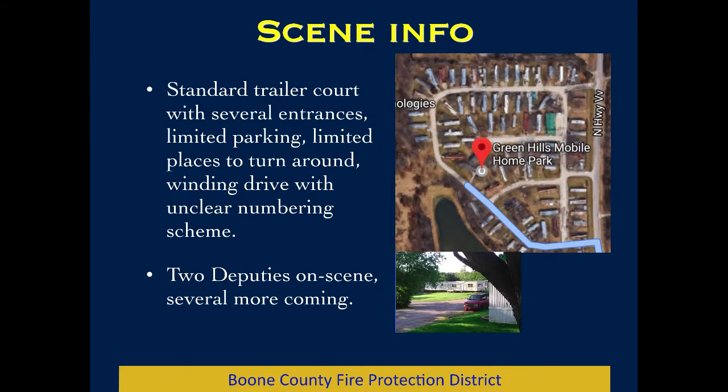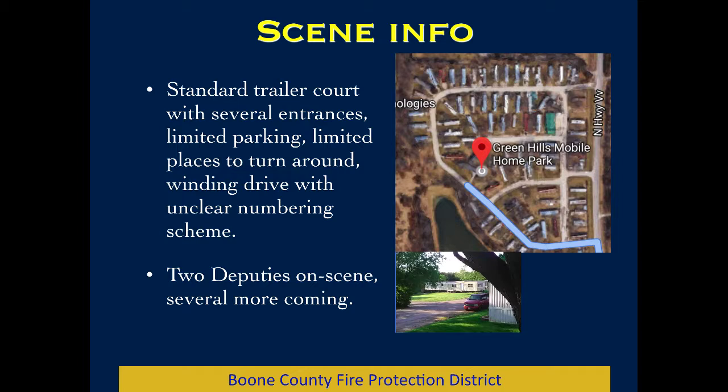As you pull up on the scene, as you approach the scene, you've got a standard trailer court. So there's going to be narrow roadways with cars parked all over the place. And then you're going to have speed bumps in some cases. This particular trailer court, the road surfaces are uneven, lots of potholes.